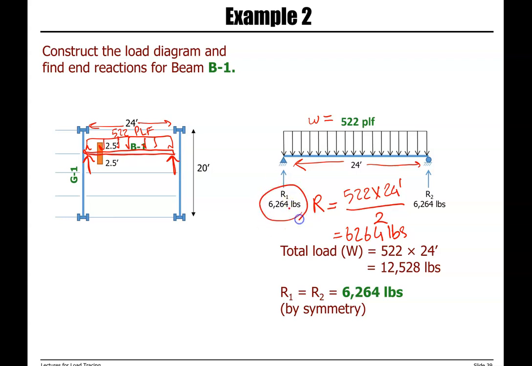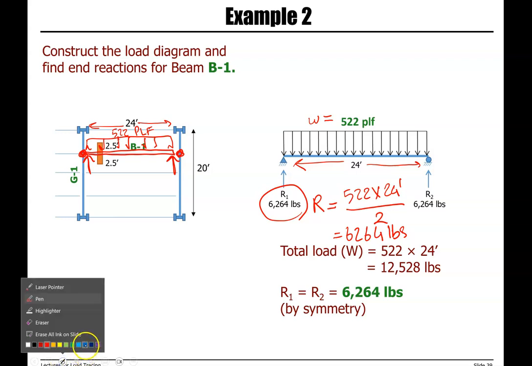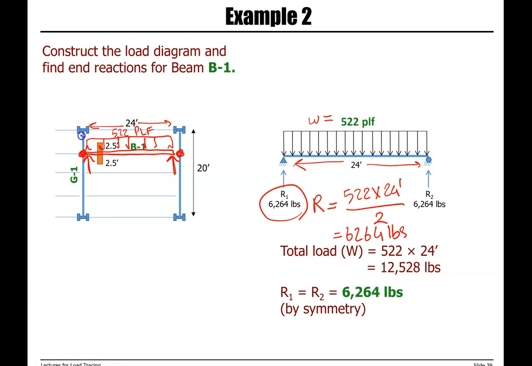These are the loads transferred to the girder. So as you can see, beam B1 is connected to girders. And that's what we want to look at next. Now we want to look at girder G1.